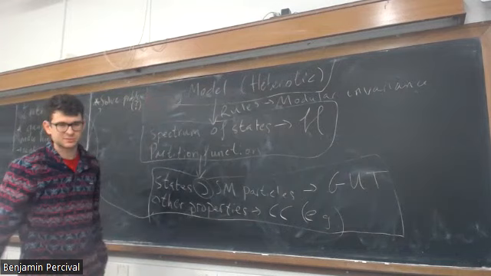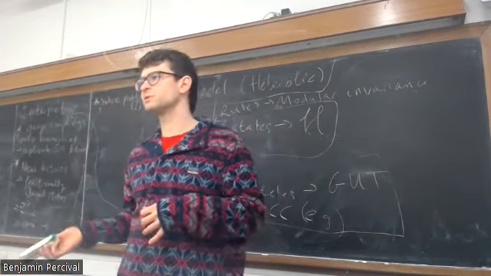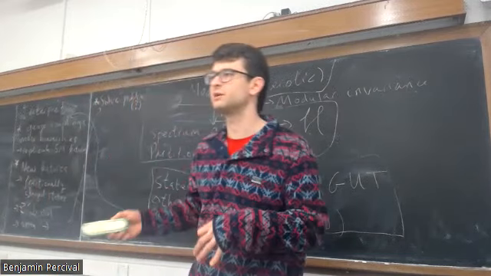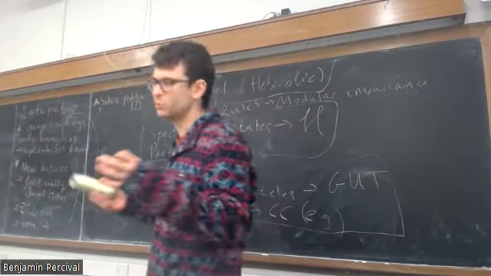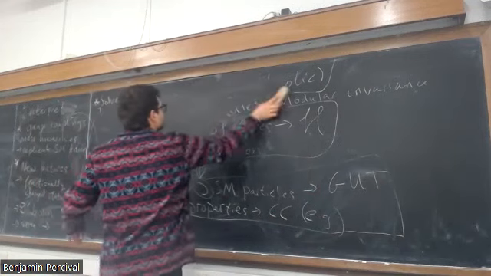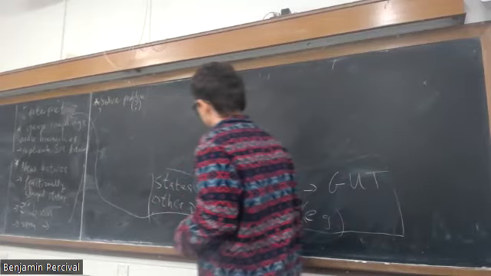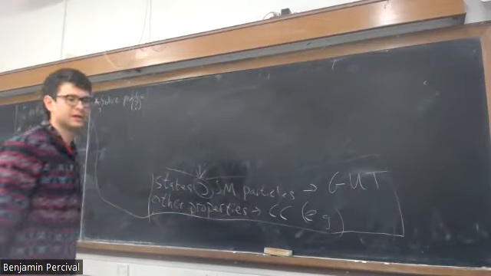For example, the cosmological constant problem: from the standard model and quantum field theory, you're not getting the right value for a small positive cosmological constant.